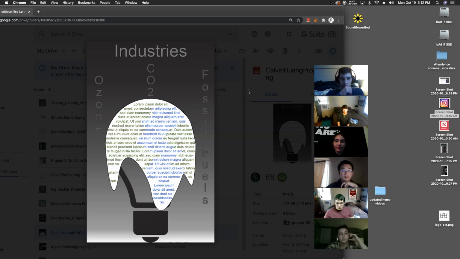Yeah, I think the light bulb with this dripping thing comes off as a really powerful design visual, but the context isn't clicking in my head.